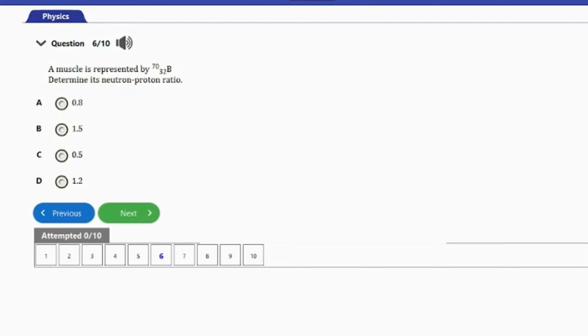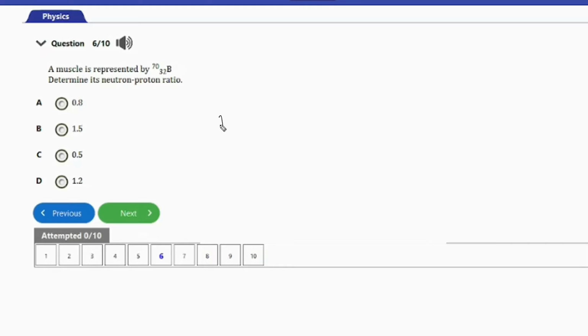So guys, for this question here, we have to recall that the atomic number is the number of protons. So as such, 32 here, which is the atomic number of this, is the number of protons. So to get the number of neutrons, actually the number of protons plus the number of neutrons will give the atomic mass.